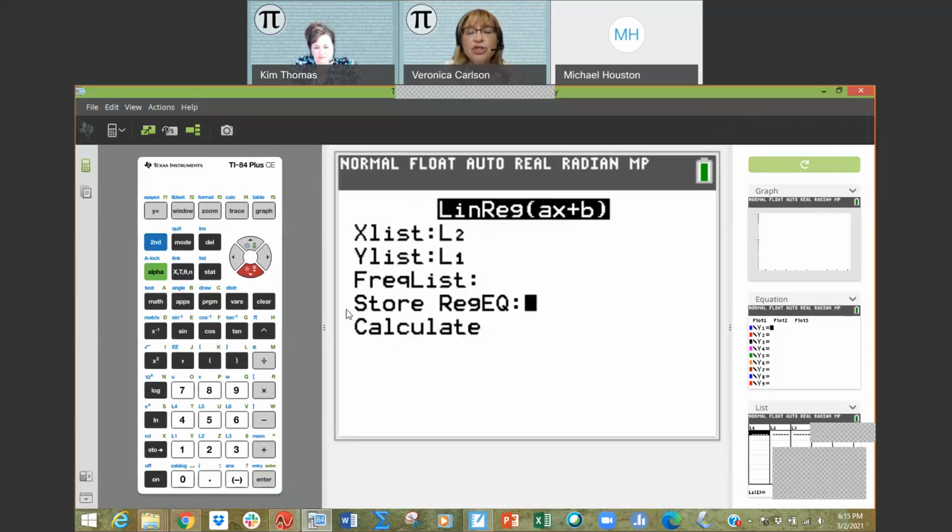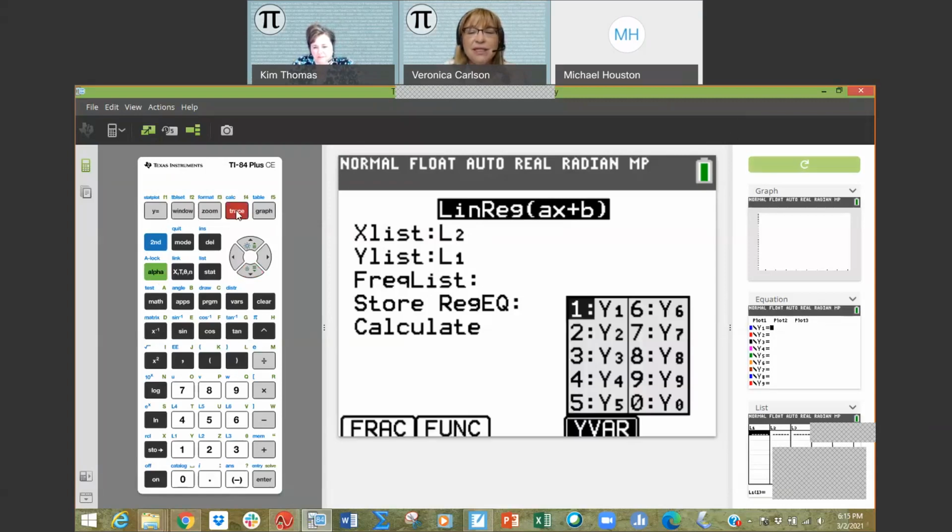I would like to store this equation. In the updated version, we do have some soft keys up here with F1, F2, F3, F4. I call it a script menu kind of. If I go alpha trace, I can get to all my Y equals.